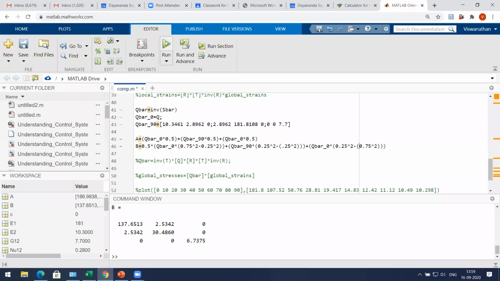Okay, so we got the B matrix, but the answer is wrong.